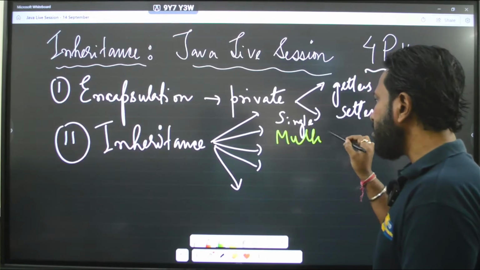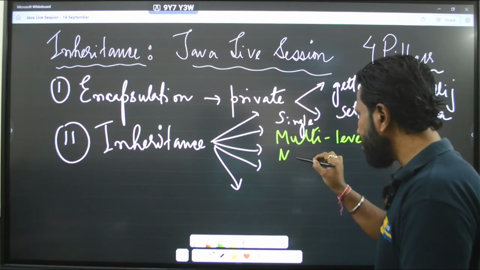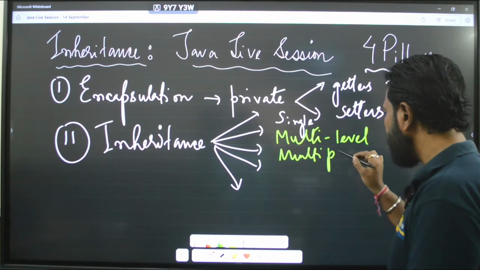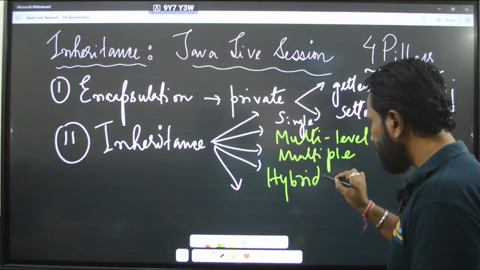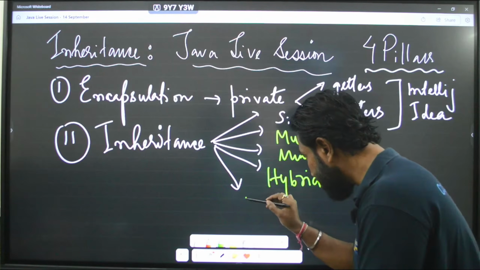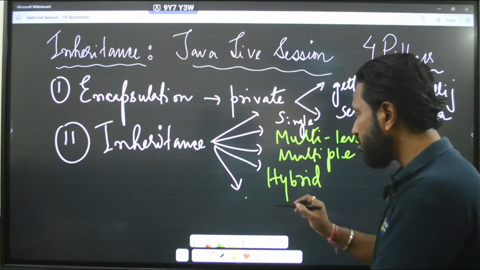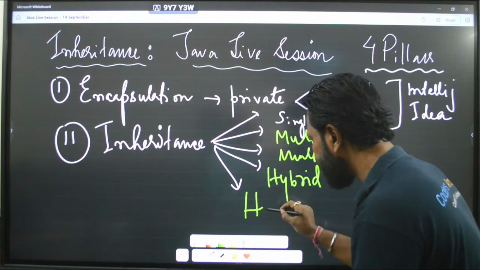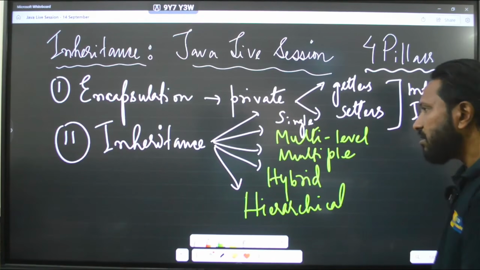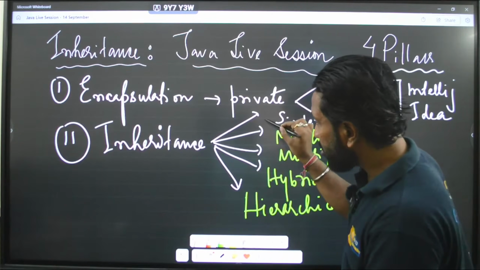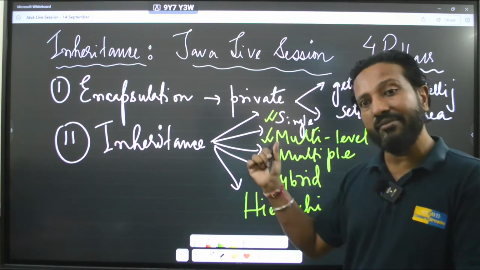Multi-level, then we had multiple, then we have hybrid, and the last one, last but not the least, these are all the popular ones that we always use. So this one is hierarchical, right? So I had shown you how to use the single level inheritance. Also I had shown you how to use the multi-level inheritance.